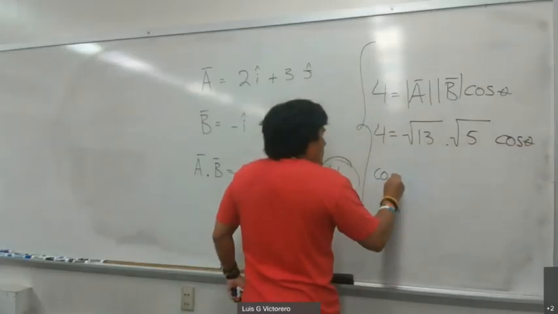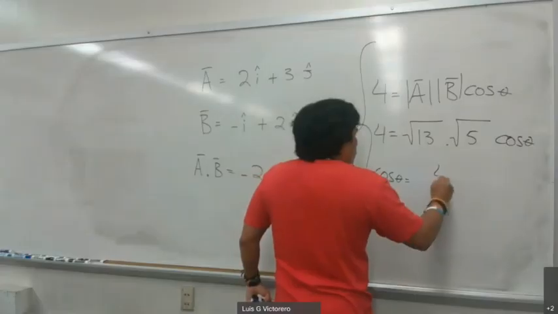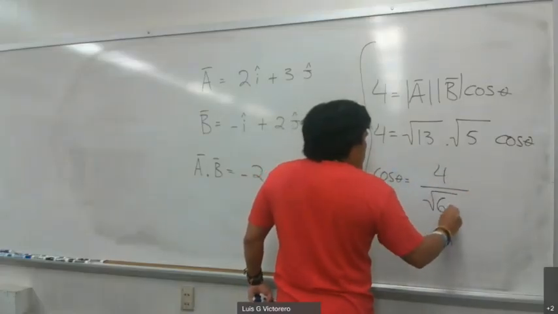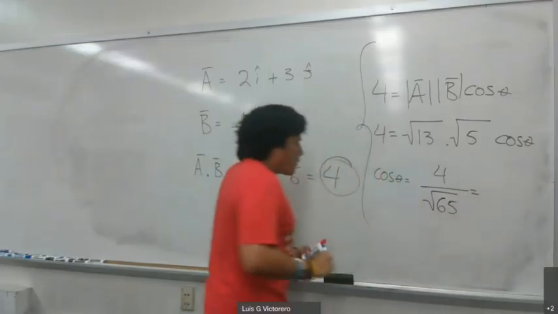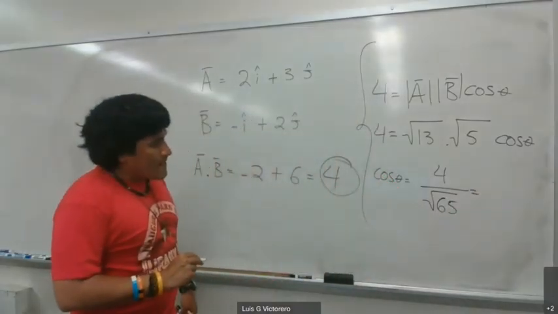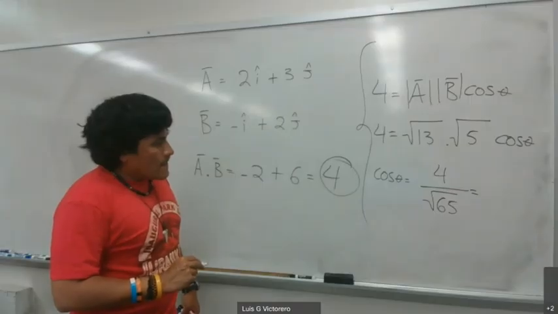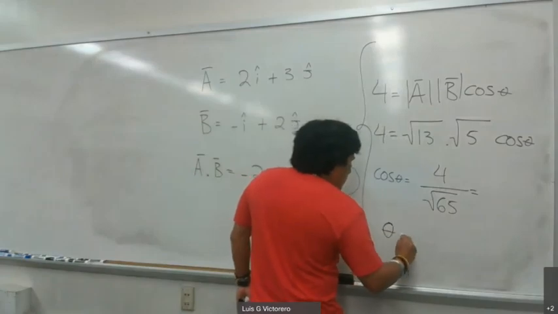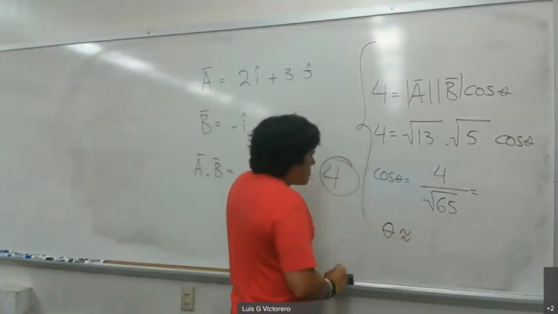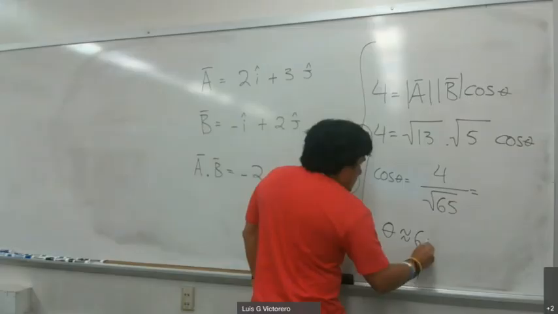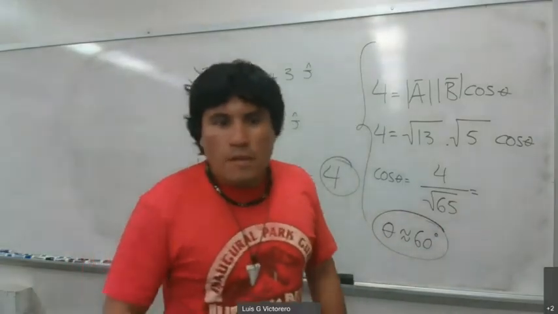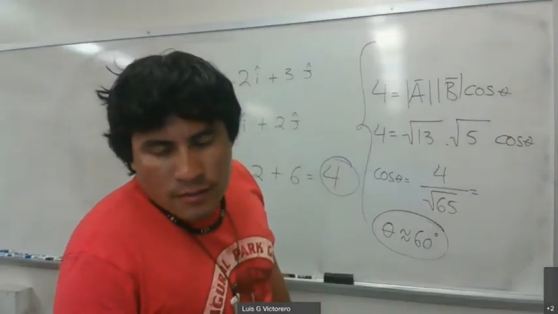So 4 over the square root of 60. That will make theta approximately 60 degrees. That's what we get here, 60.3.